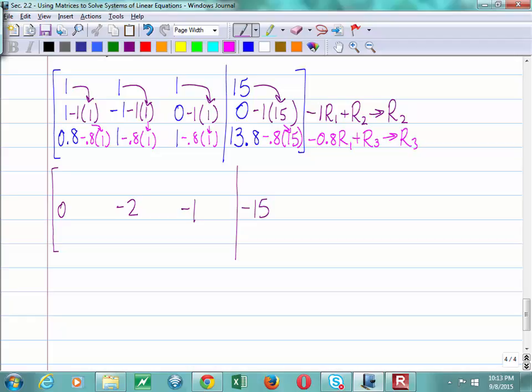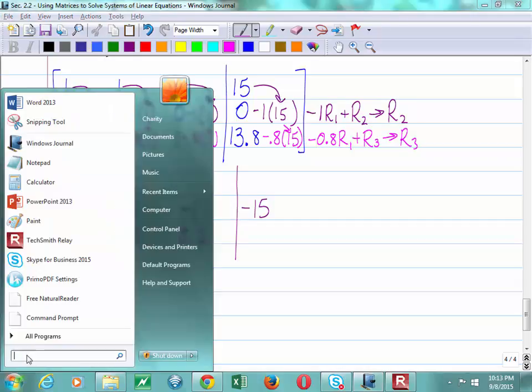Okay, so that's going to be 0. 1 minus 0.8 would be positive 0.2. So that's also 0.2. And let's see, let me just get out my calculator for the last one.